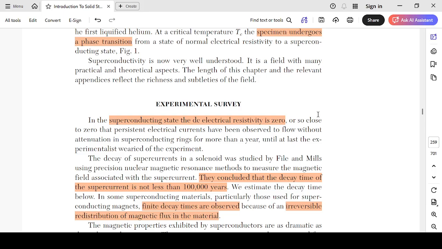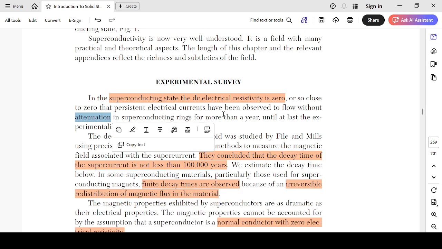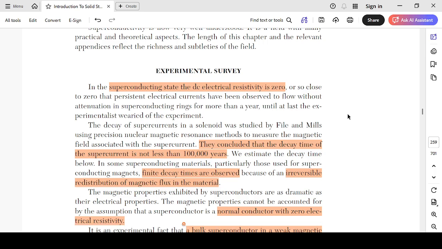In that sense, there was an attempt to establish an experiment to study the attenuation of the current. For that purpose, scientists established experimental conditions for the flow of DC current for more than a year, and they observed low attenuation in the flow of current.